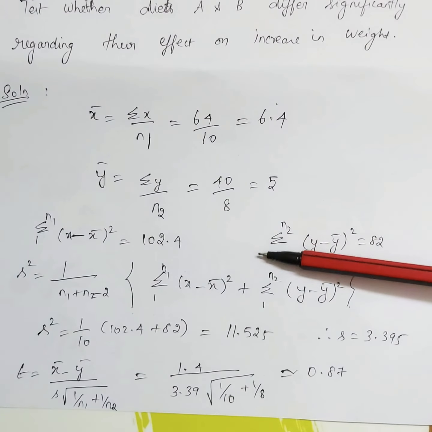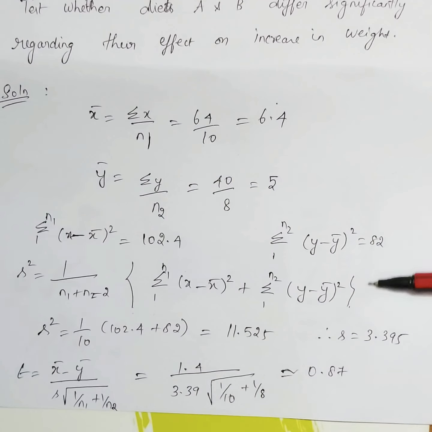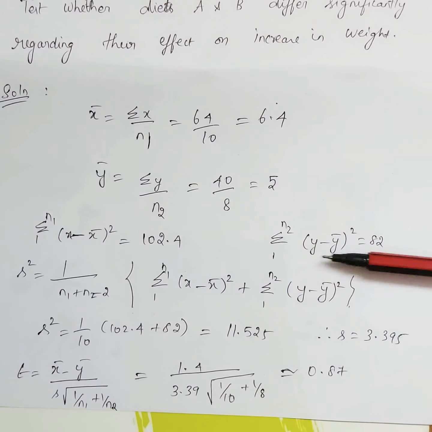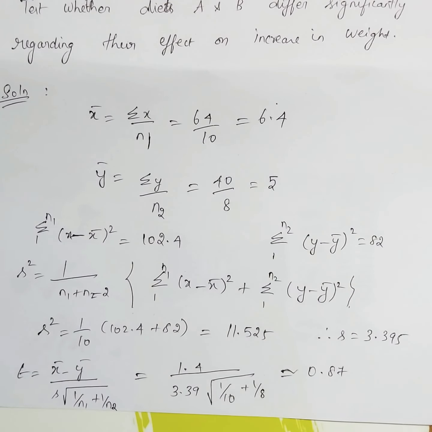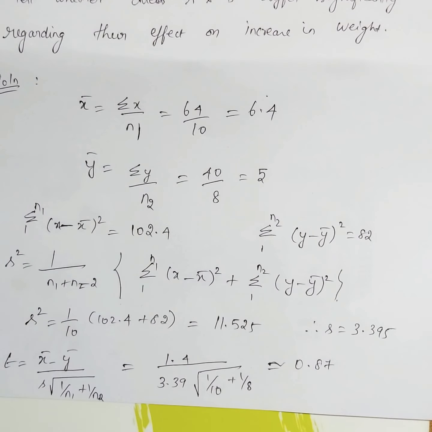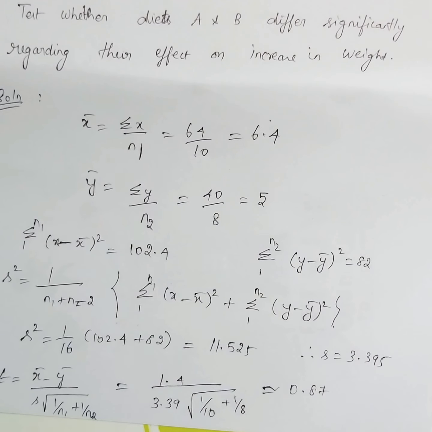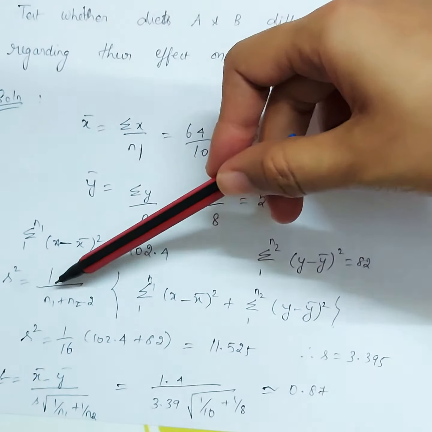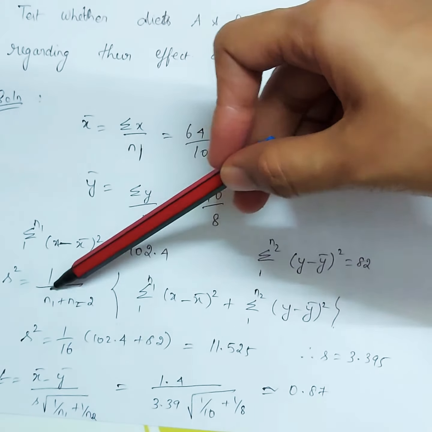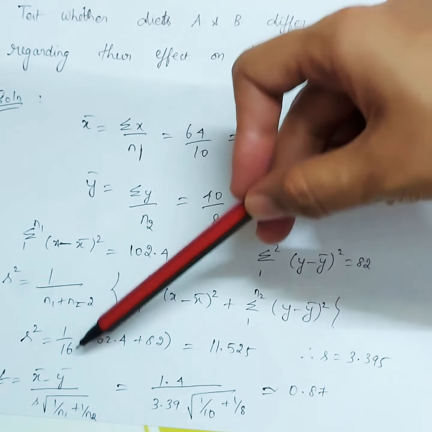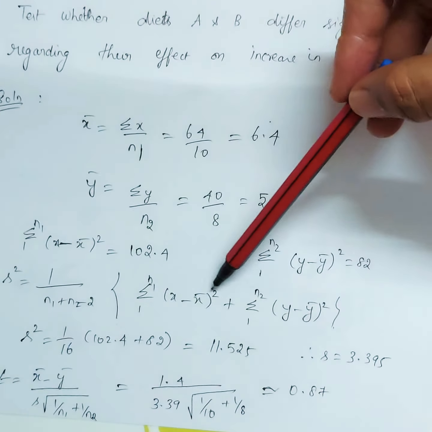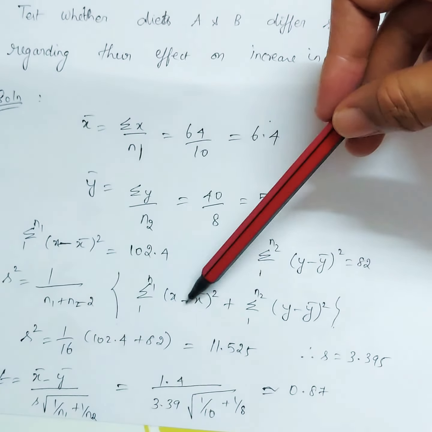We will square the difference, and then same y minus y bar the whole square. We'll do it here, and then we'll simplify this. Now coming to the simplification. So n1 plus n2 minus 2 is 10 plus 8 minus 2, 18 minus 2. So 1 by 16. This you have to simplify.